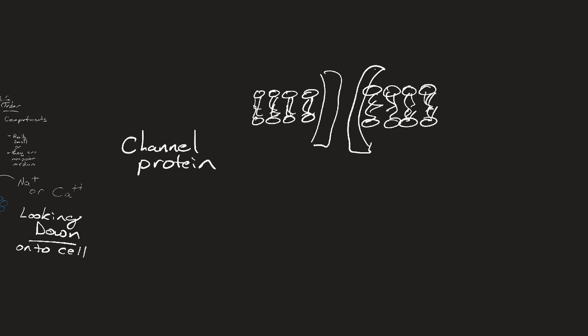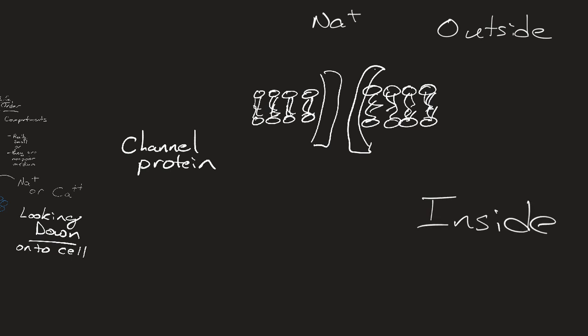So outside, you have sodium that needs to come in. Inside, there's no sodium. How's it going to get in? It can't get through these membranes because remember, the internal side of the membrane is hydrophobic. So what you just drew is a channel protein? That's correct.